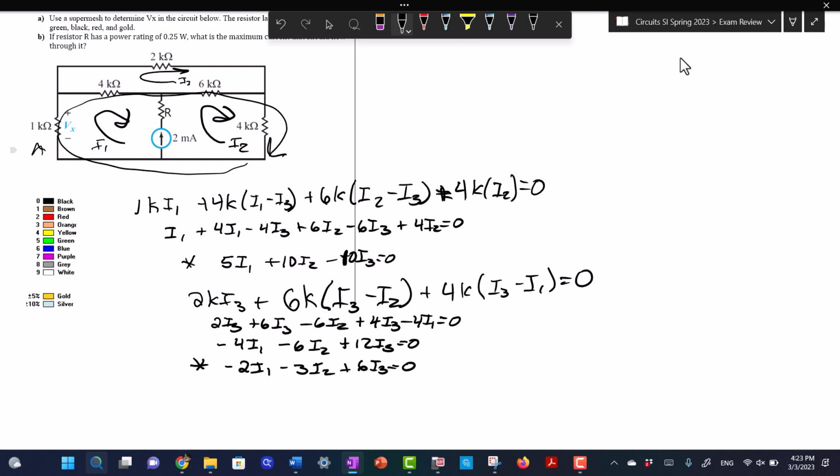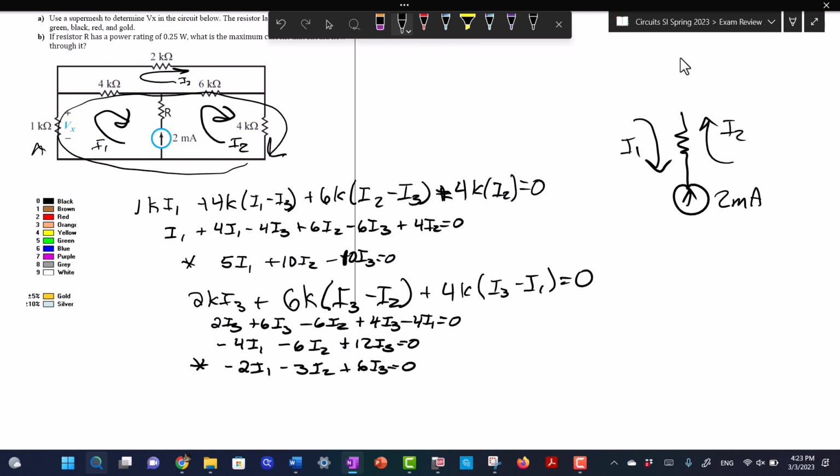I have 3 unknowns though and 2 equations, and that's where I'm going to use this middle branch. So this middle branch is 2 milliamps, and we have I1 going this way and I2 going that way.